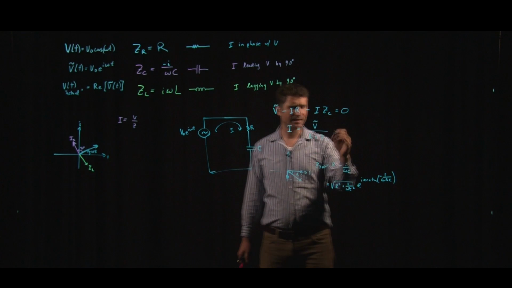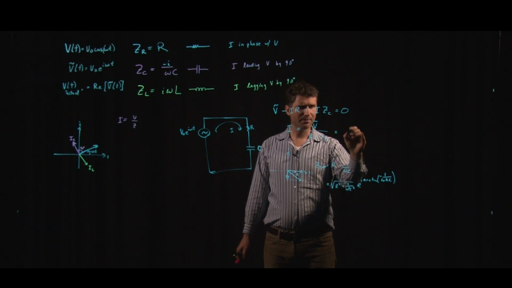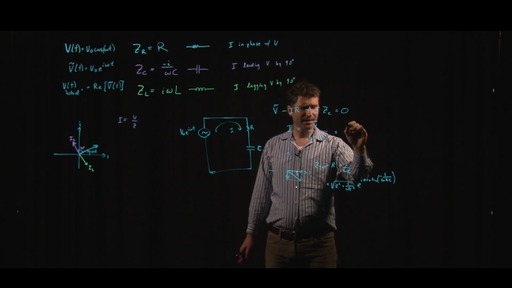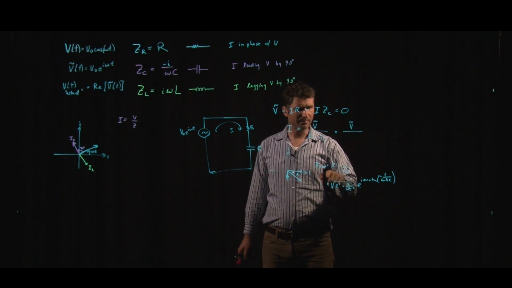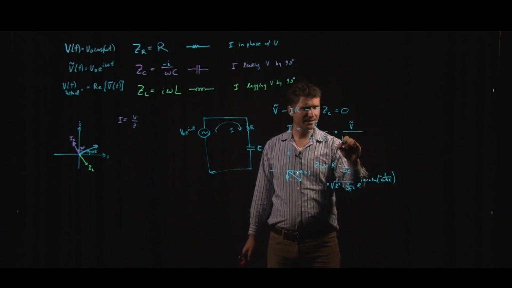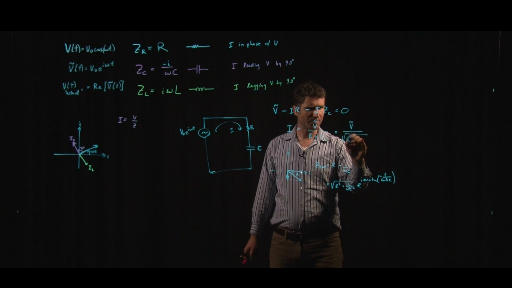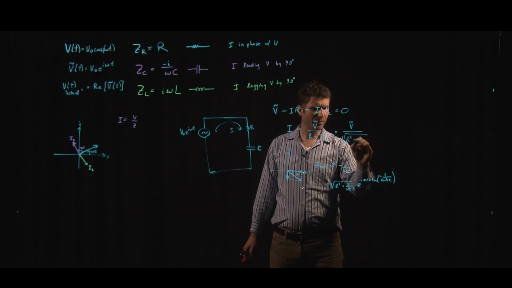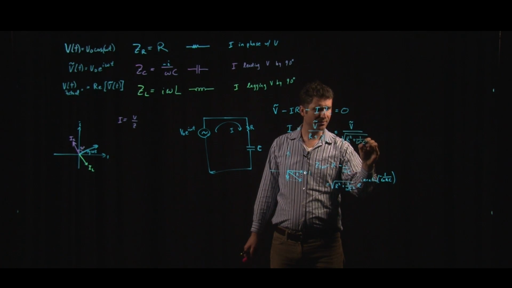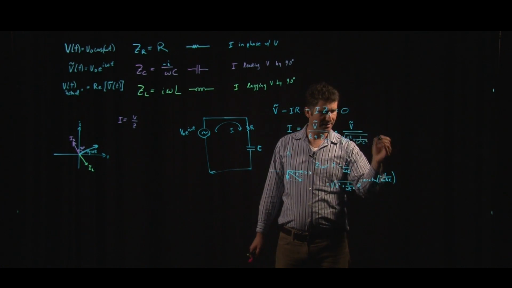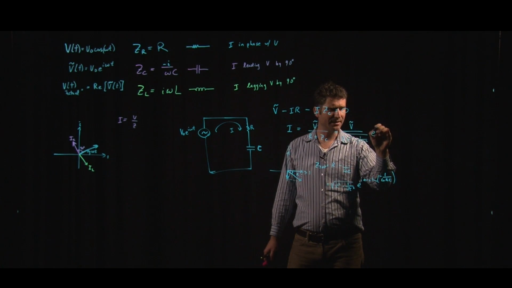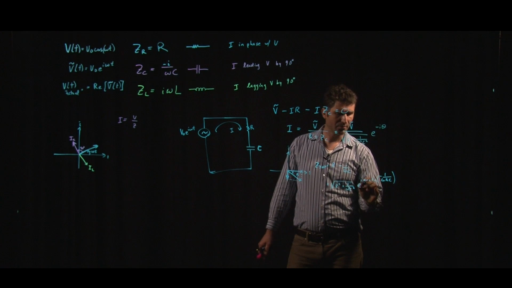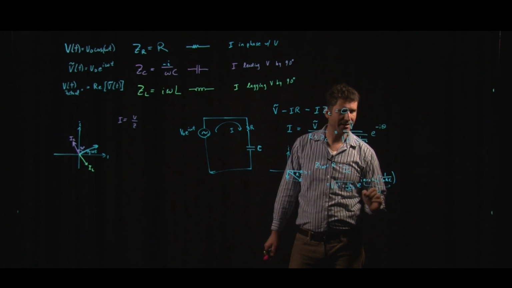Nonetheless, this can be written as V tilde over my complex impedance here, the square root of R squared plus 1 over omega squared C squared, all times e to the minus i theta, where this is my theta here.